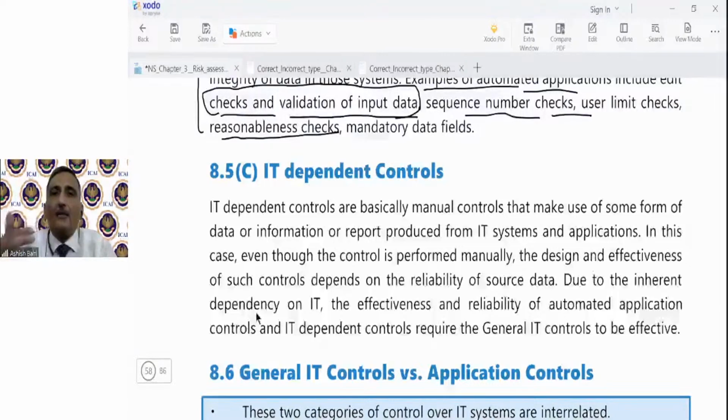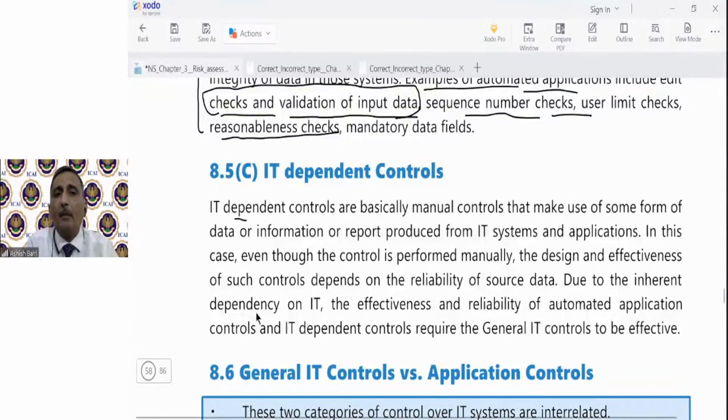Suppose the company has to take some decision, the decision would be taken manually, but it would be taken using the output of the IT system, by making use of some report generated from the IT system. Such type of controls are called IT dependent controls.